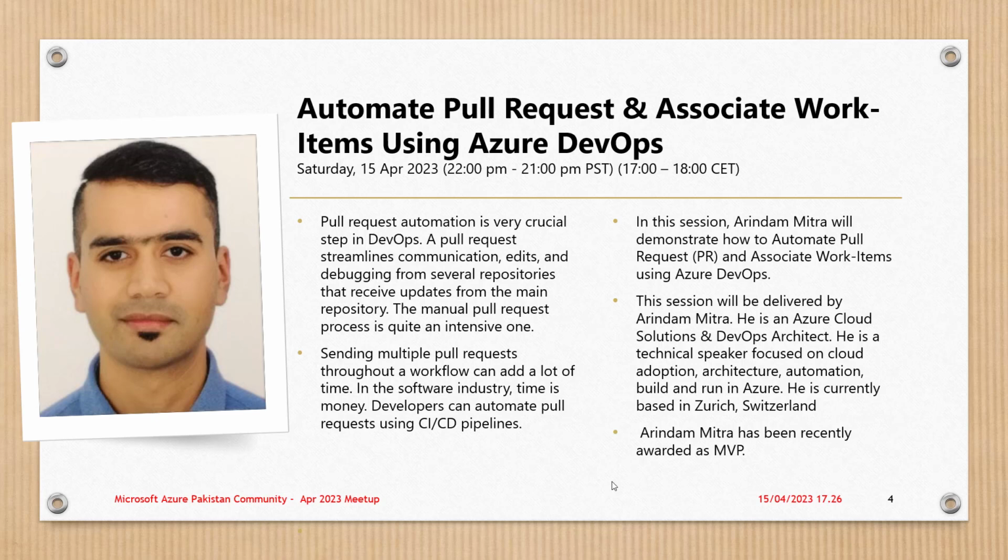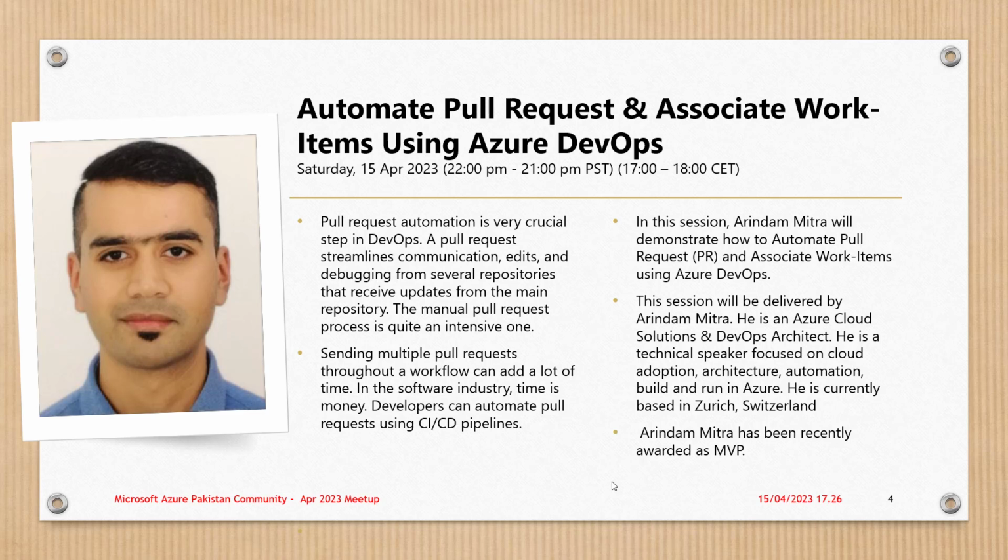Today we are having an honor of having Arindam Mitra, who will be telling us about how to automate pull requests and associate work items using Azure DevOps. Pull request automation is a very critical step in DevOps operations. A pull request streamlines communication, edits, and debugging from several repositories that receive updates from the main repository.